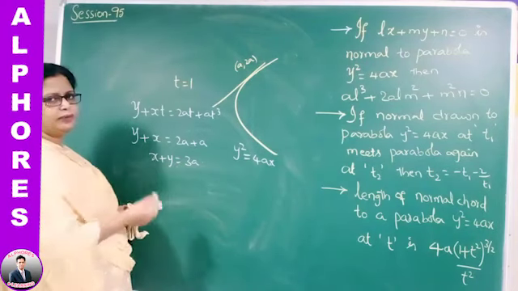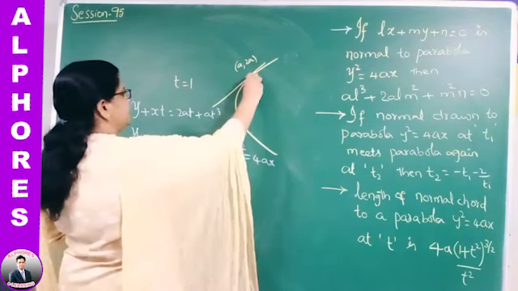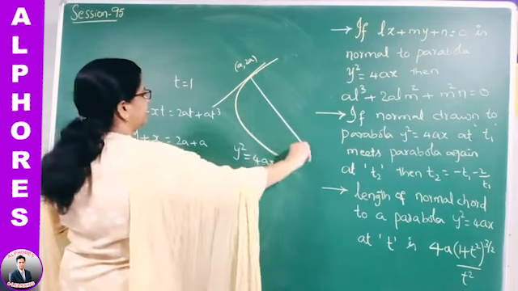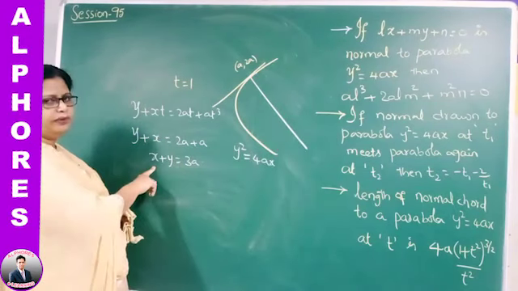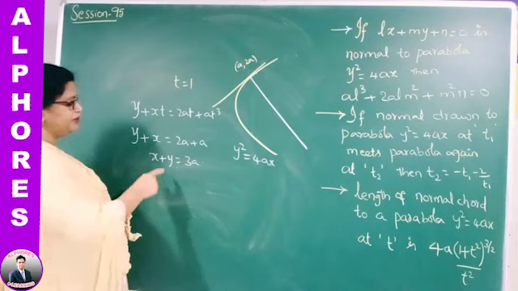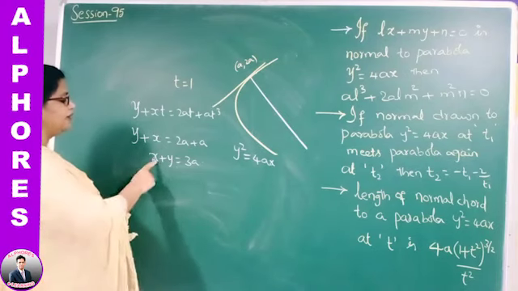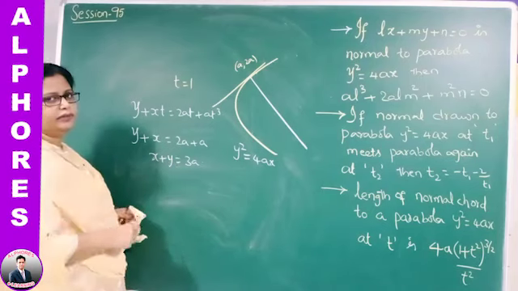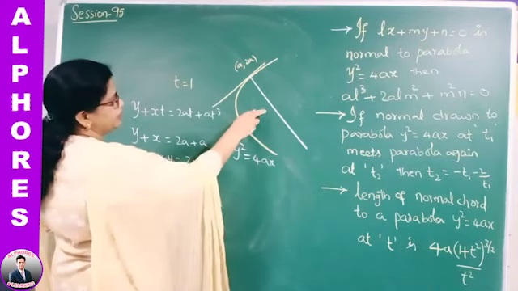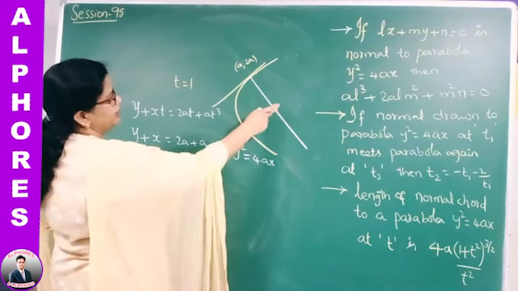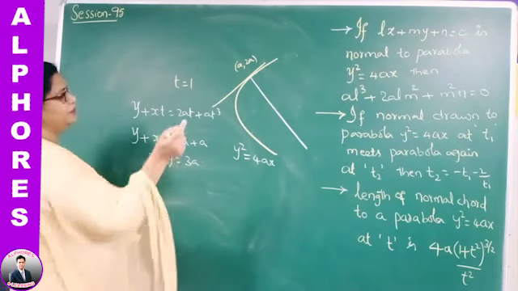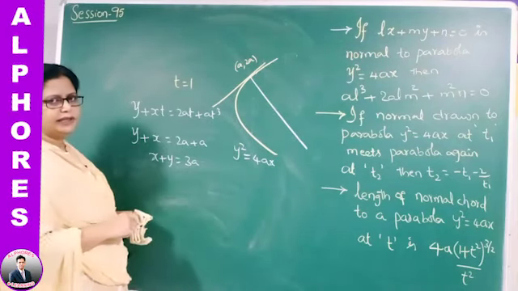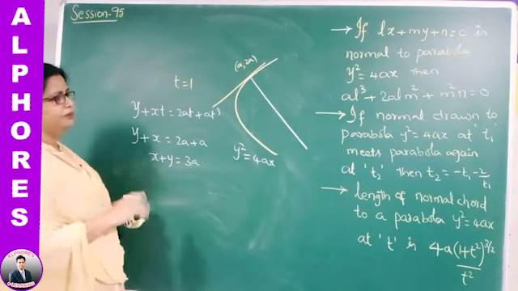Therefore this is our normal at one end, and it is not passing through focus. If it is meeting the x axis, clearly y is 0, x equal to 3a. So this one is 3a comma 0. Therefore the normal drawn at the end of latus rectum cannot pass through the focus.